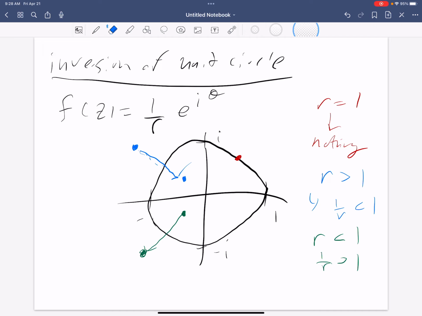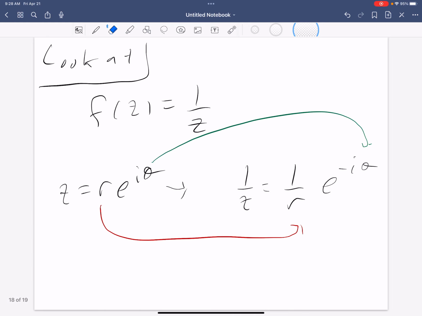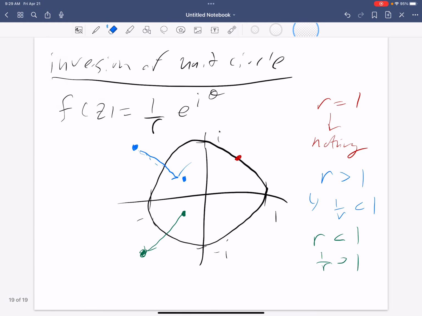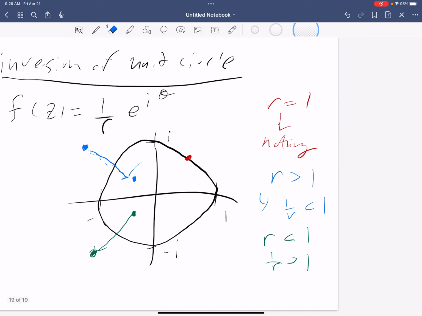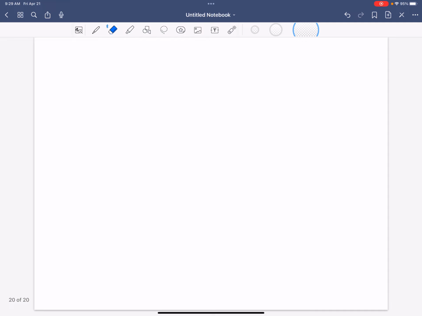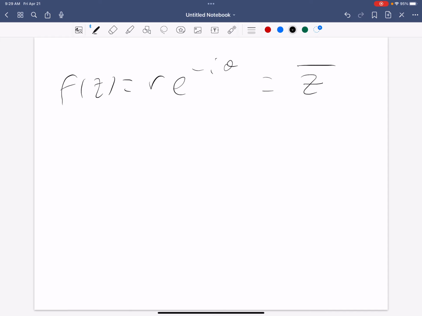So the first component of 1 over z, the 1 over r, is how it's going to treat our points. If you're on the circle, nothing happens. If you're outside the circle, you go in, and if you're inside the circle, you go out. Now, what about the other part of the expression, which was the negative i theta? If you really look at that, you see that it's simply conjugation.